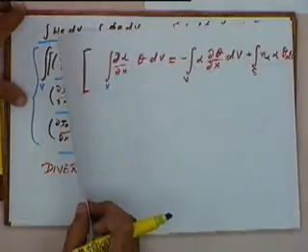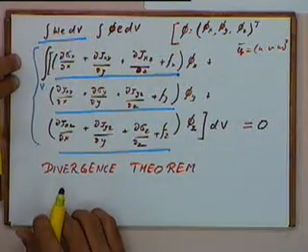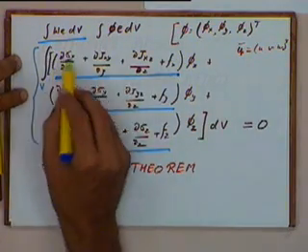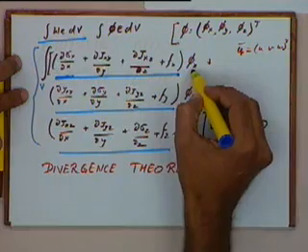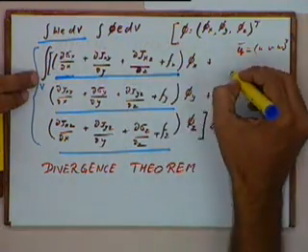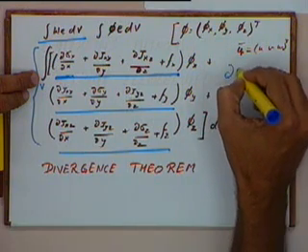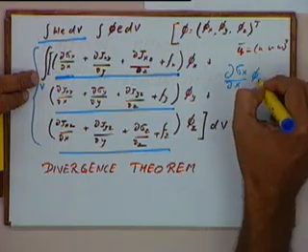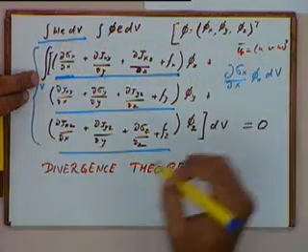Now, if we apply this divergence theorem to the terms in this equation, the first term is del sigma x by del x multiplied by phi x multiplied by dv.